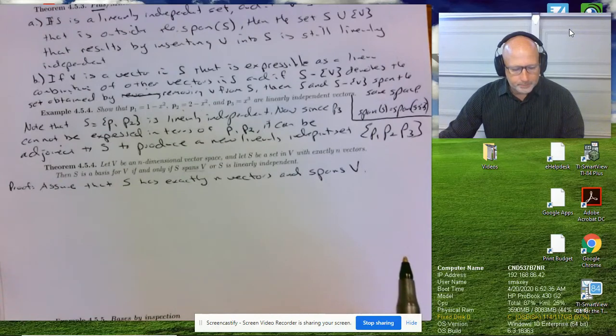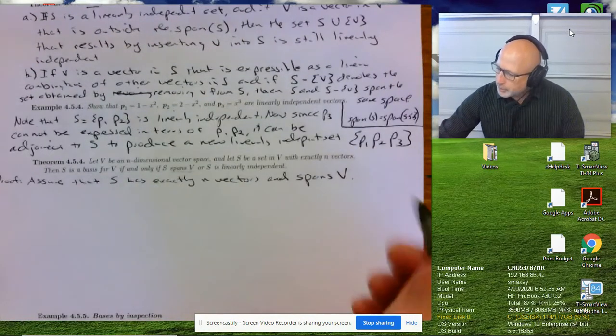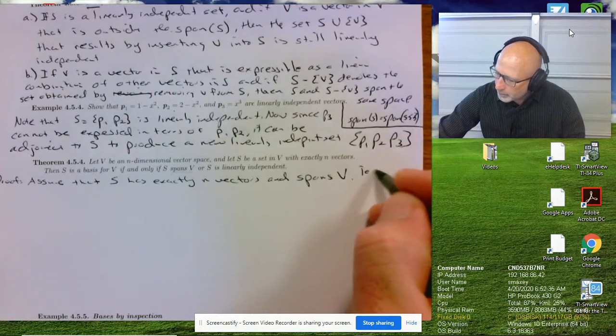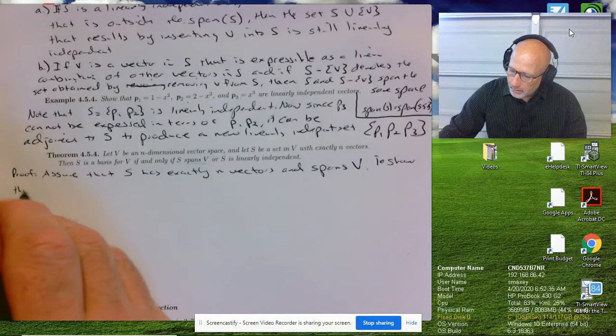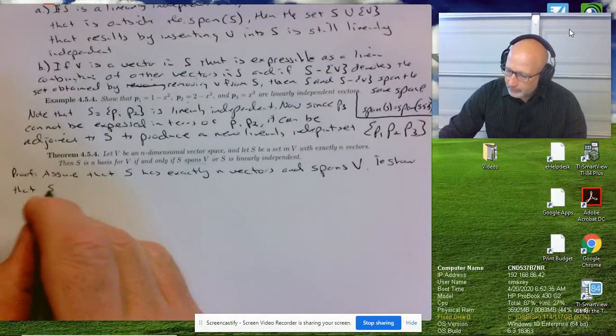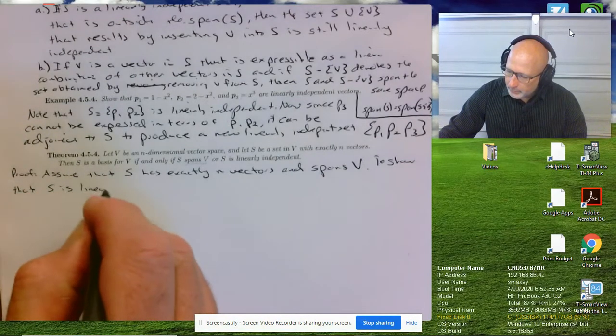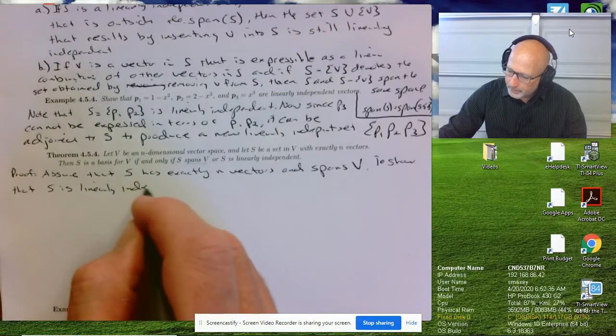So we need to show that S is linearly independent.